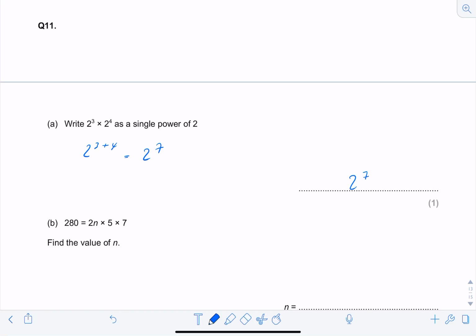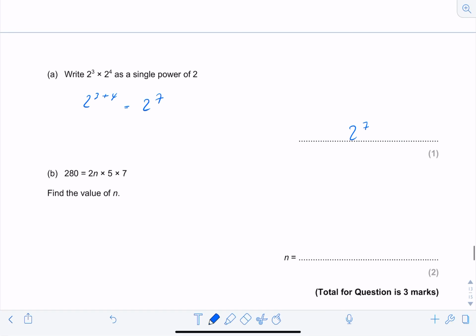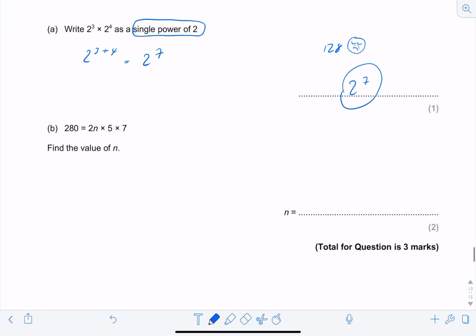Now, it'd be tempting to do that on a calculator, but if I do 2 to the power of 3 times 2 to the power of 4, that gives me 128, which is not a single power of 2. 2 to the 7 is the correct answer. If you wrote 128, that would be wrong. Sad face.